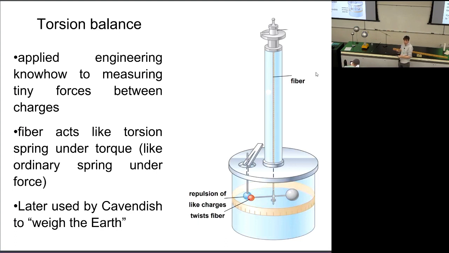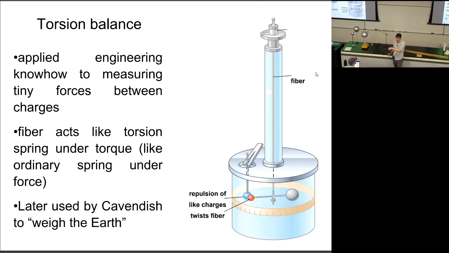It's like you could use, a more familiar case, you could use a spring to measure forces, right? If you hang a mass from a spring, the spring will stretch, and the spring will stretch until the spring force balances the weight of the mass, the gravitational force. And that's what's happening here.